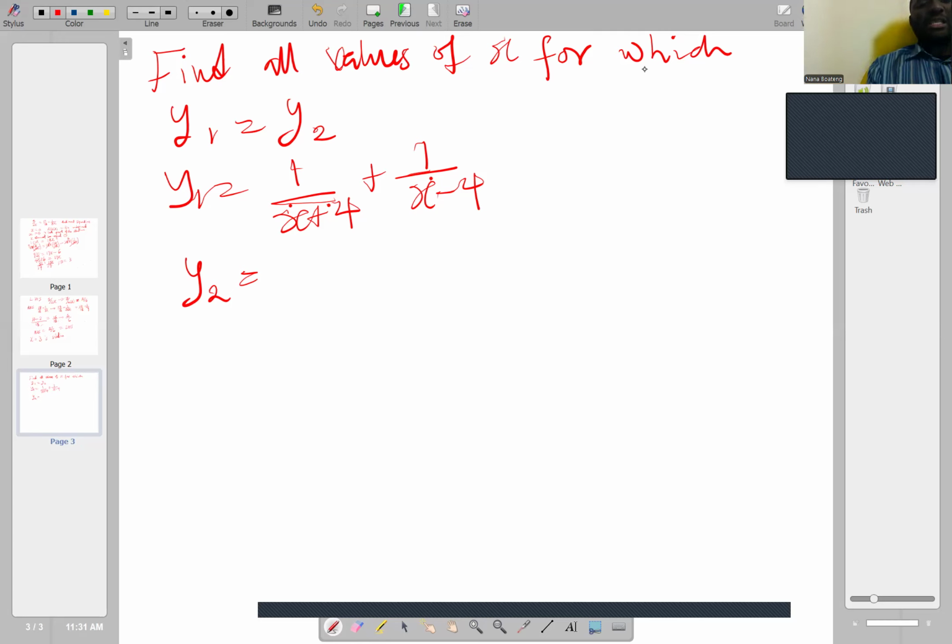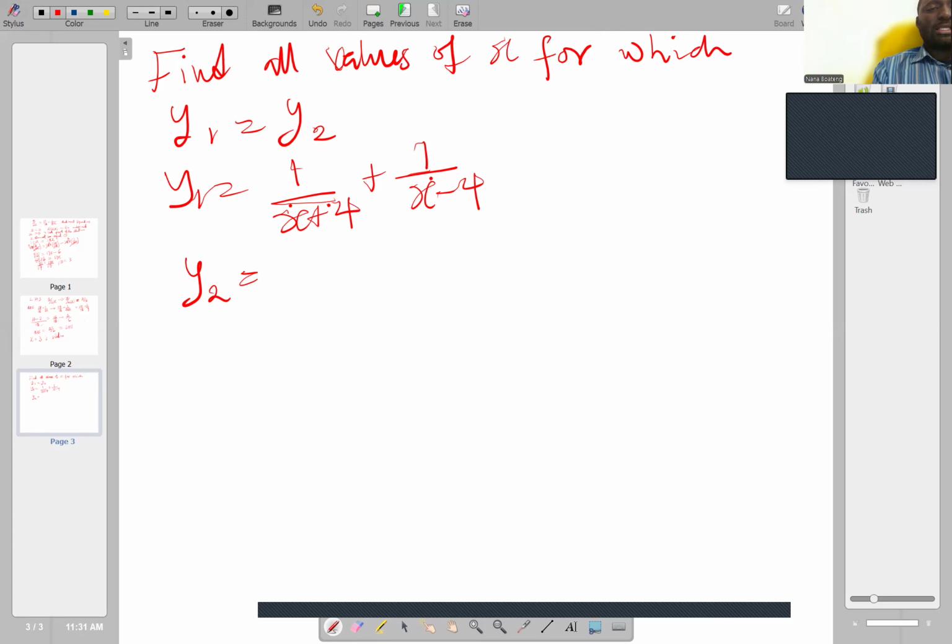And so the LCM, what is common to all these three, is the expression x minus 4 times x plus 4. This is the LCM because every single one of these can divide x minus 4, x plus 4. So we multiply through by x minus 4 and x plus 4.